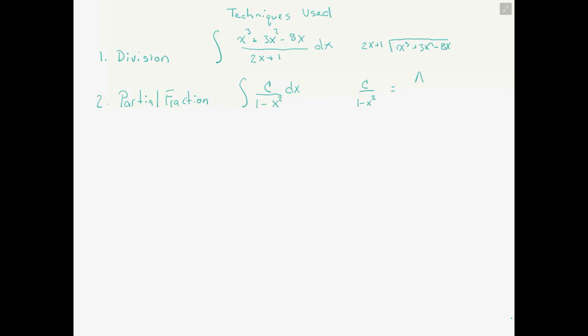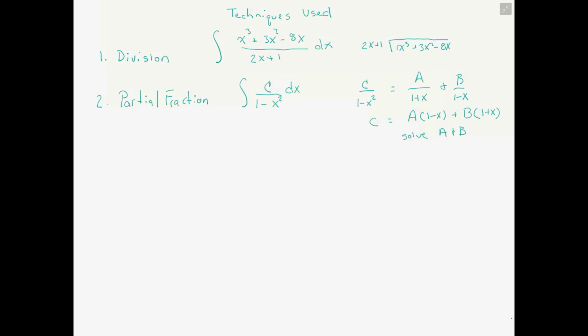And the partial fractions start out with an integrand of this nature, and we can break that apart where we could say c to the 1 minus x squared is equal to a 1 plus x plus b 1 minus x, and then we would multiply across.